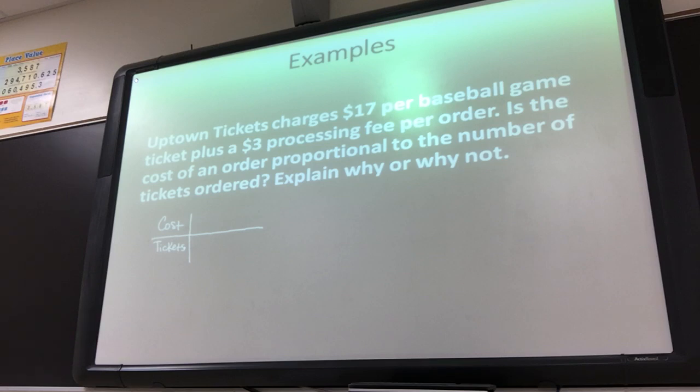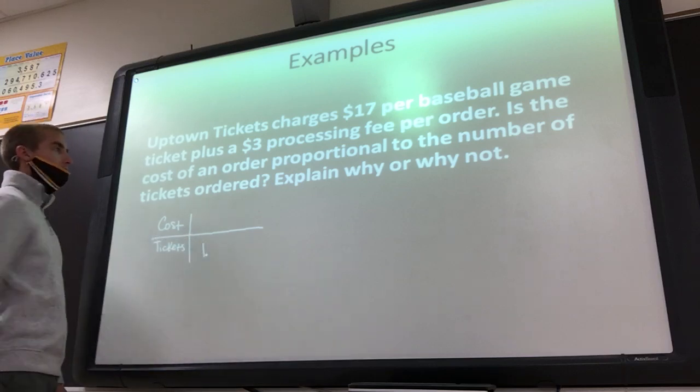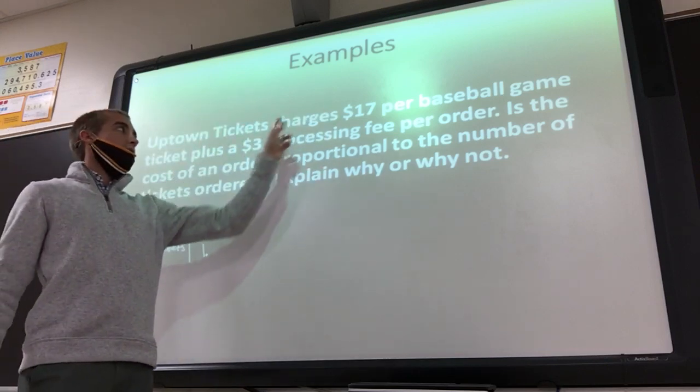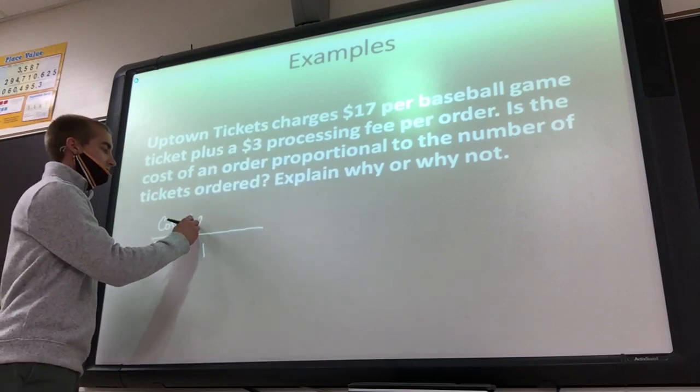Now notice it says the cost of an order. So if I get one ticket, how much money do I have to pay for that entire order? $20. 17 for the ticket plus $3 for that processing fee.